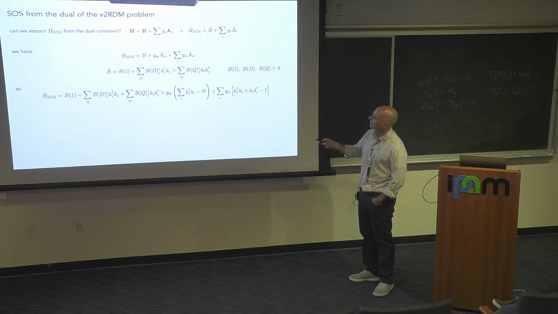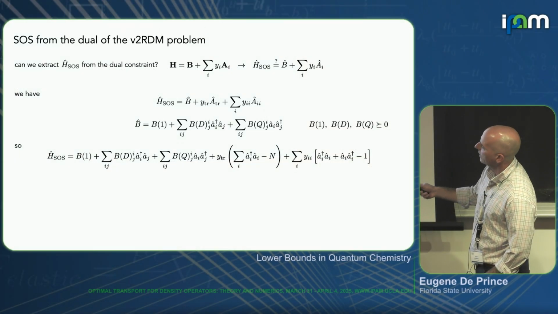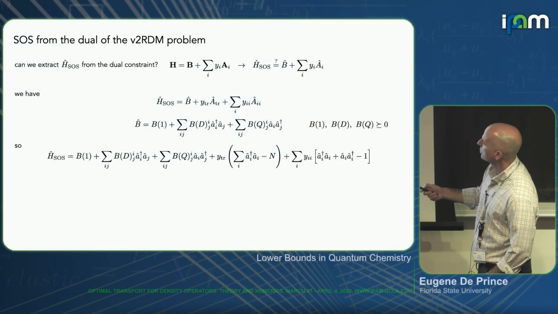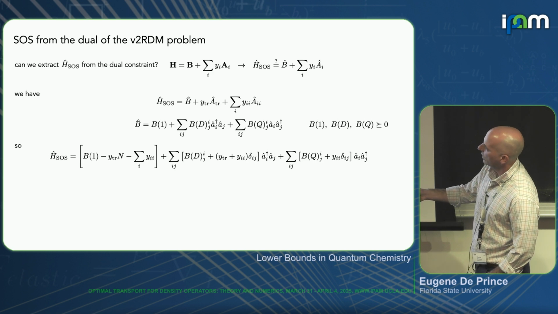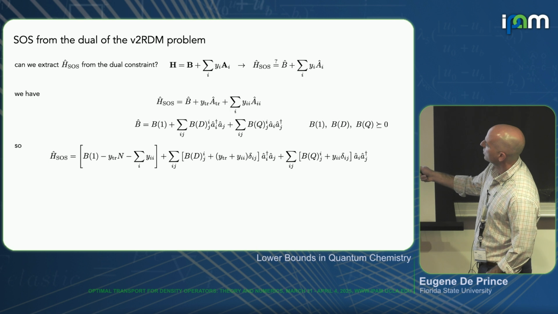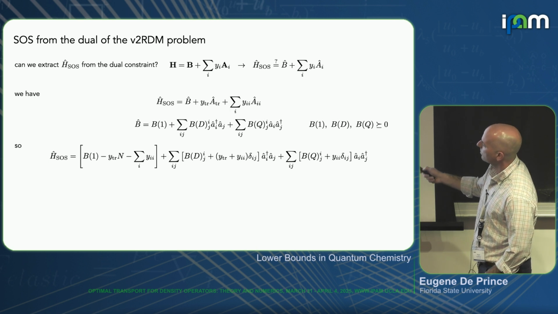So the B's are SOS already, and I can write down everything together. I have my B's, and I have the contributions from my constraints. I can group terms. I have a whole bunch of constants, a whole bunch of terms in front of my 1RDM type operator, and some terms in front of my 1-hole RDM type operator.